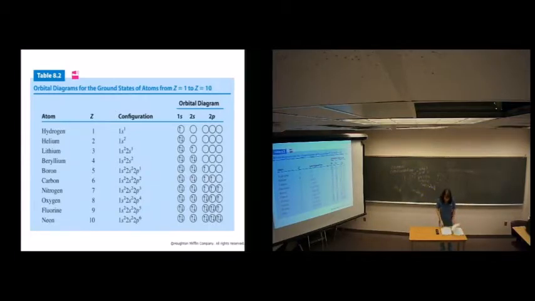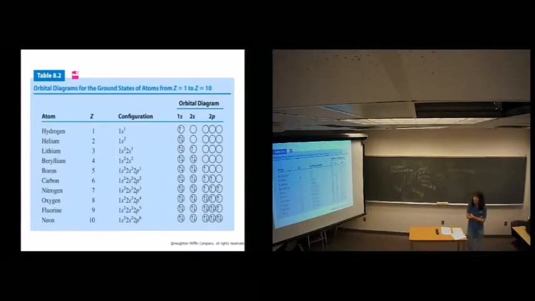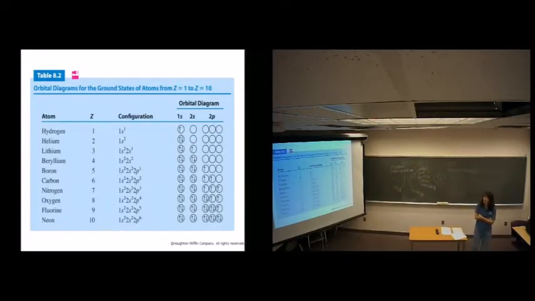All right. See if you can take just a minute now and give me the orbital diagram and electron configuration for sodium. Okay, so let's do sodium. How would you do sodium?